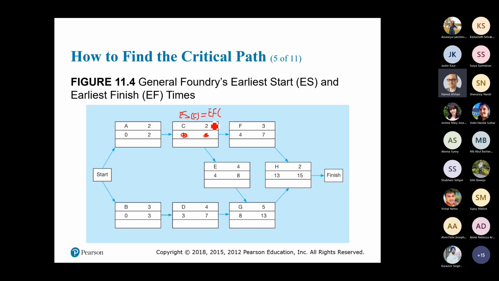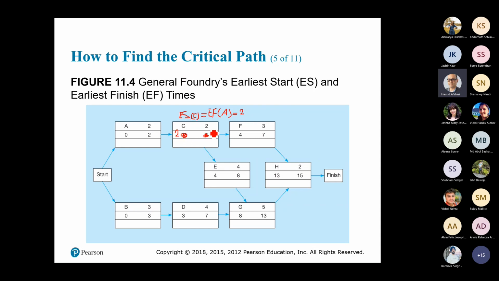What is the earliest finish of activities before that? Activity A, correct? How much is the earliest finish of activity A? 2, that's it. So I'm going to write 2 here.